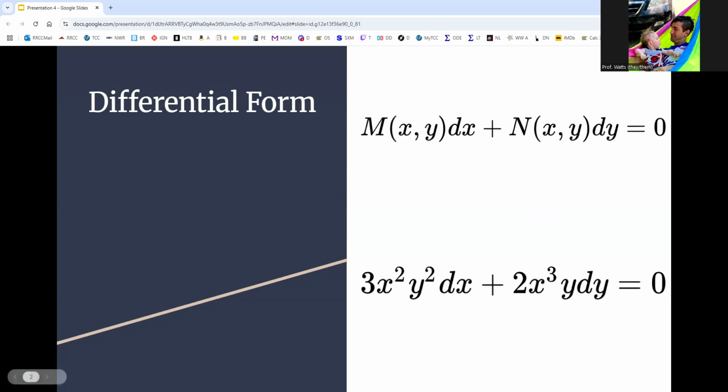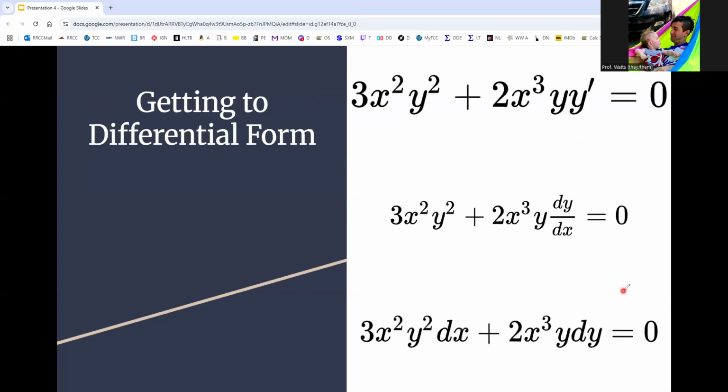And you can see that M is 3x squared y squared, and N is 2x cubed y. So we can go between the differential form and maybe a more standard form.